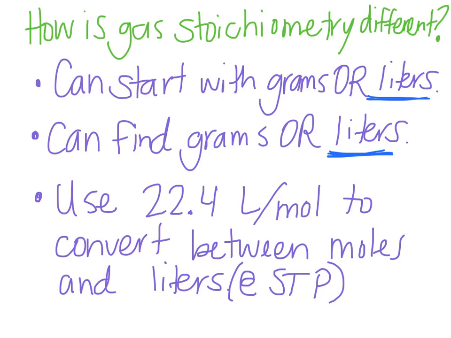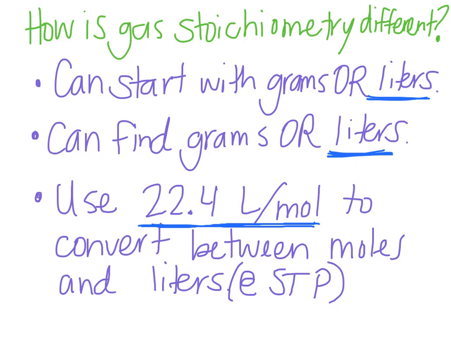And so because we're going to be looking for liters, or starting with liters instead of grams, we're going to be using a different conversion factor that is on your reference sheet. Because of Avogadro's research, he found that no matter what type of gas it is, 1 mole of a gas contains 22.4 liters at standard temperature and pressure.